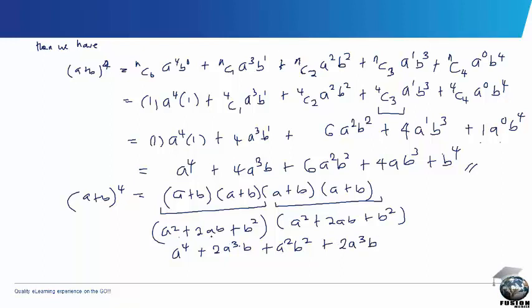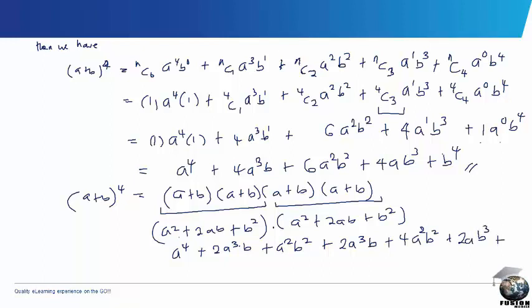Okay, 2ab times 2ab will give us 4a squared b squared. Alright, and then 2ab times b squared will give 2ab cube.